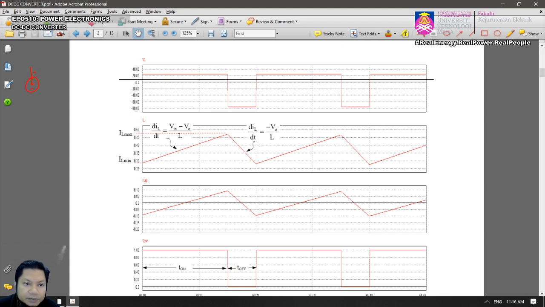Input voltage, and then we have this switch, and then we have the diode, freewheeling diode, and then we have the inductor, capacitor, and we have this resistor. So here you have I in.